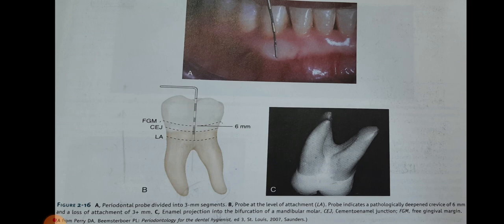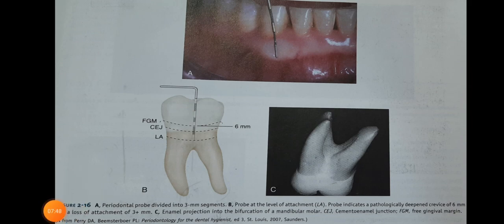In picture B, probe at the level of attachment, that is LA. LA means level of attachment. Probe indicates a pathologically deepened crevice, that is periodontal pocket of 6 mm and a loss of attachment of 3 plus mm.